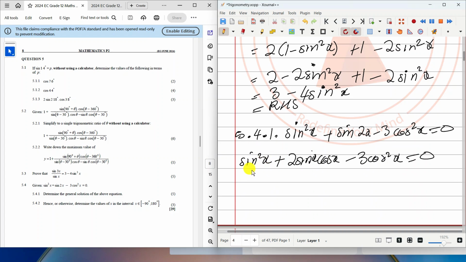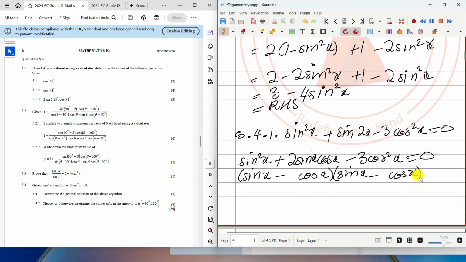Now, this is a trinomial. It's easy to factorize. We'll have open bracket, sine x minus, I'll give a space, cos x, close, open, sine x plus, give a space, cos x, close, is equal to 0. Factors of 3 are 3 and 1.